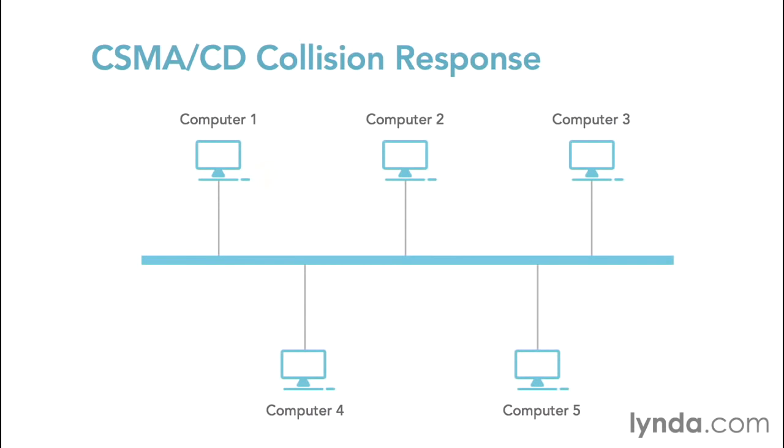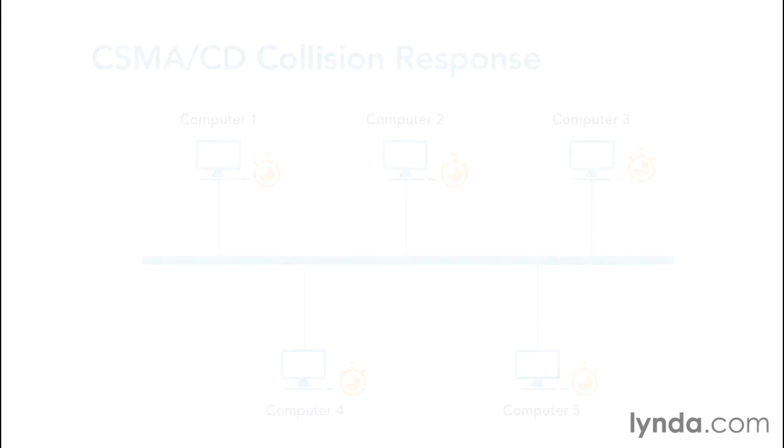A collision took place, and so a timer or a clock on each one of the computers on the network randomly generated a number of milliseconds and set the clock to that number of milliseconds. Now, each node has a different number of milliseconds on their clock, and so as each node's clock runs down, they then attempt to send their packet, and this way it is hoped that they will avoid any further collisions.